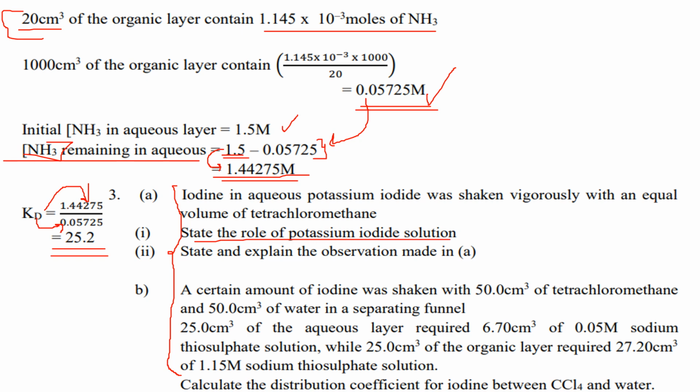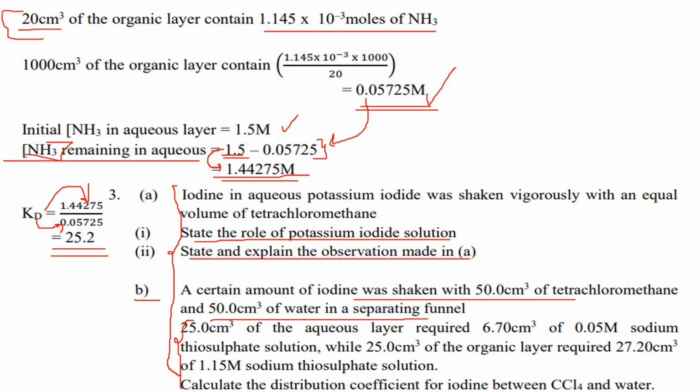In Roman number 2, we have been told to state and explain the observation made in A. Now part B, we have said that a certain amount of iodine was shaken with this and this, so you have been prompted to calculate this. So you are going to be handling each of them.